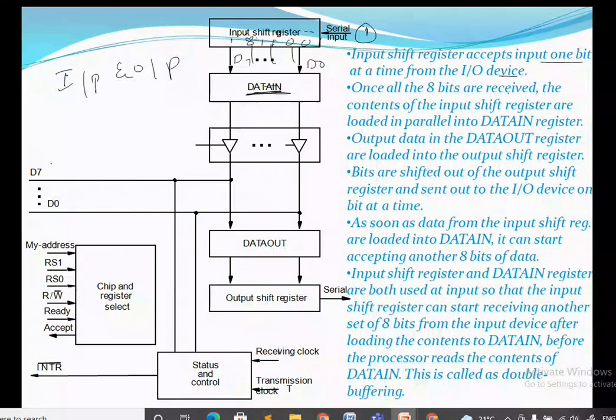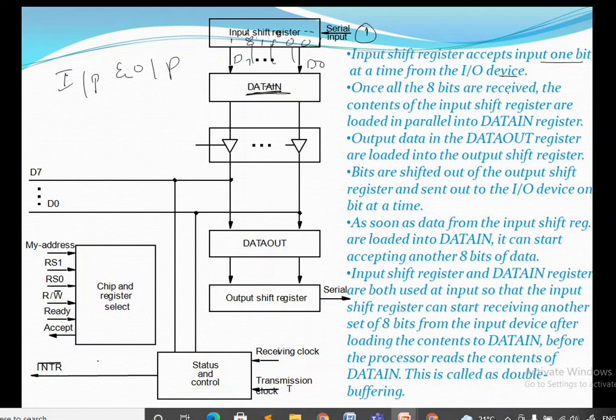Now, to control this read and write operation, we need all that information, which is where it requires the address lines and the control lines. The control lines indicate whether it is a read or write, or whether the device is ready or not. All that information is controlled by sending control signals.